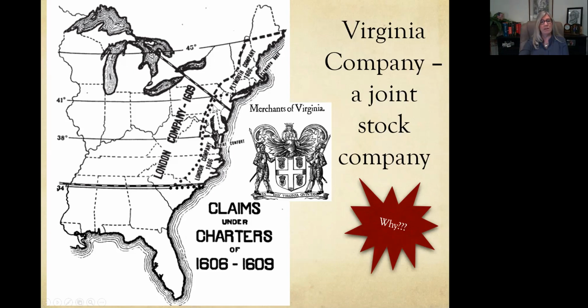This is going to be the English claim that goes up to what today would be kind of New Jersey, New York, that area. And then beyond that will eventually be the claims of France. So again, this is kind of a rough land plan or claim for the Virginia Company, as it was called.